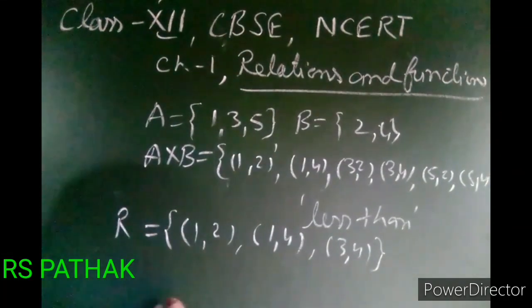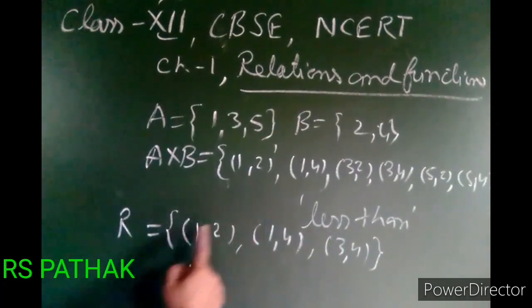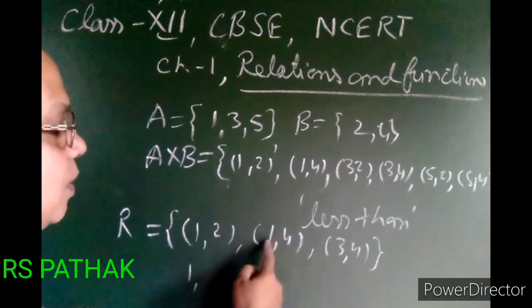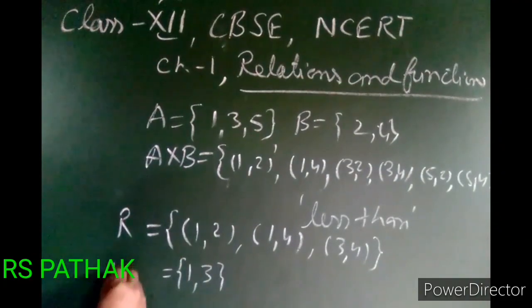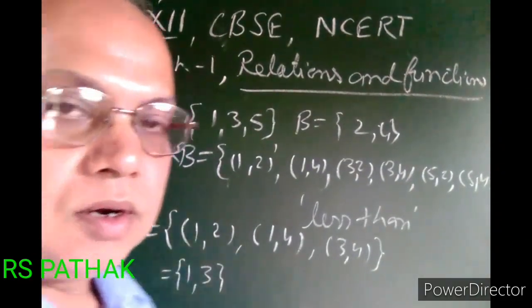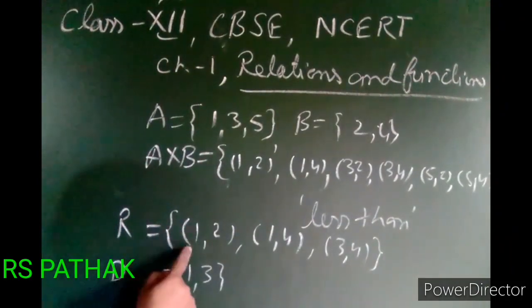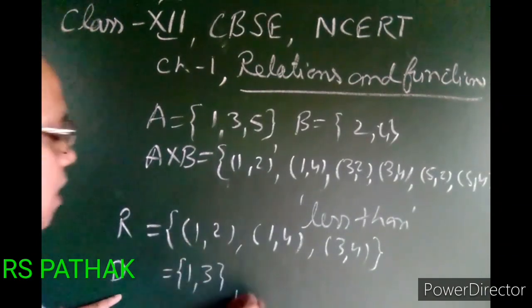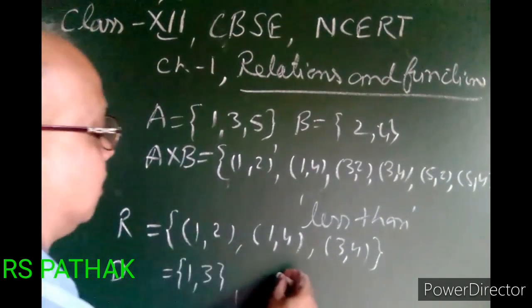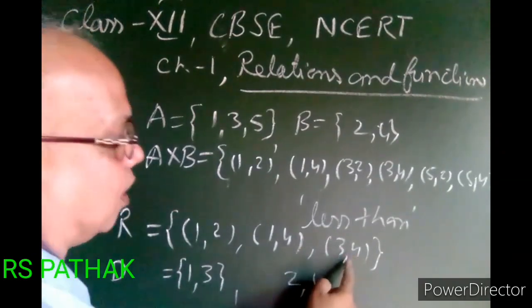Next, in this set, the first elements are 1 and 3; 1 is not repeated. It is called the domain. Domain of whose? Domain of R, domain of relation R. 1, 3 is the domain of R, and the second elements are 2, 4; again 4 will not be repeated.